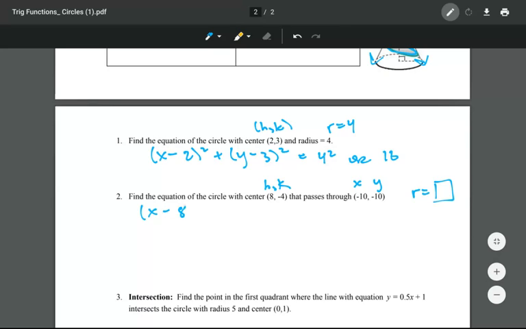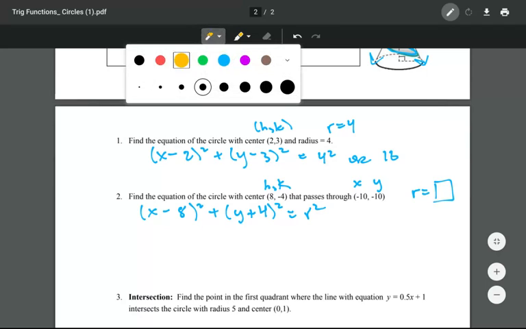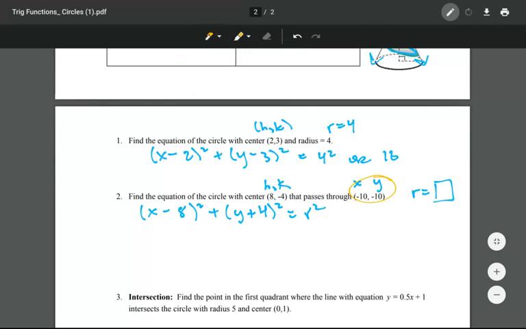So that's going to be (x minus 8) squared plus (y minus negative 4), which I'm going to write as (y plus 4) squared, equals r squared. I don't know what r is, but I do know an x and a y. So I'm going to go ahead and replace those for the x and the y in my equation, and then I'll be able to solve for r.